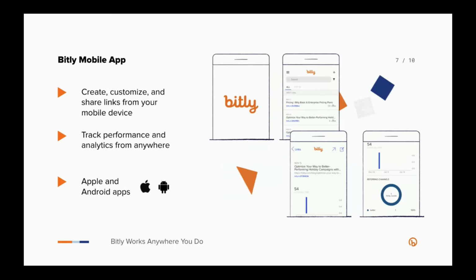Did you know that bit.ly has a mobile application available on both Apple and Android where you can shorten, brand, customize, you guessed it, and also track performance and analytics from anywhere that you might be? Now I'll turn it over to Hannah once again, who will give us a demo of this app.